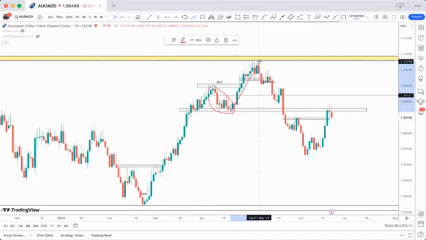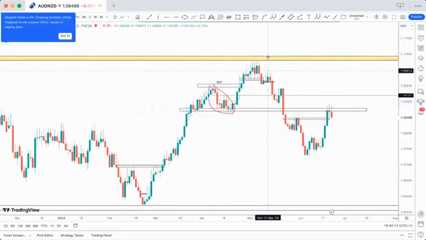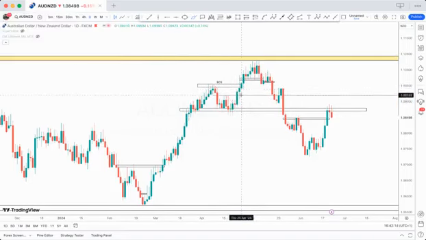You can see the market actually went to the upside. So the correction is what gives us traders the opportunity to enter the market. Before you place any position, you have to make sure that you get a correction or a pullback.